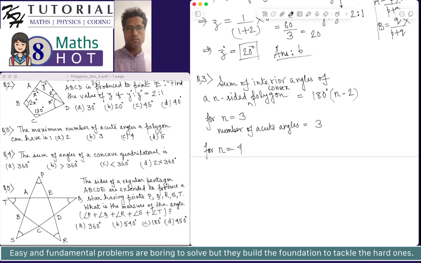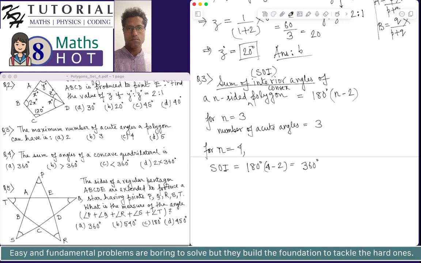For n equals 4, let me abbreviate the sum of interior angles as SOI. So SOI is equal to 180 degrees multiplied by n minus 2, that is 4 minus 2. This is equal to 360 degrees.